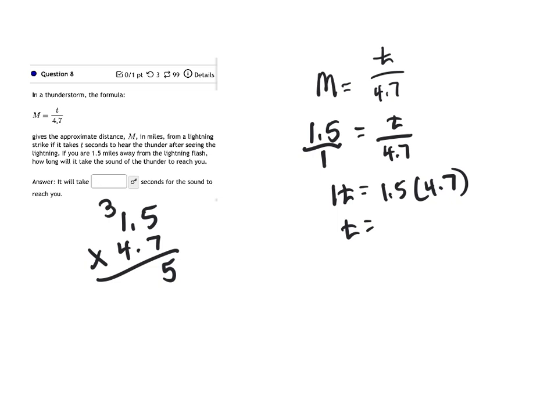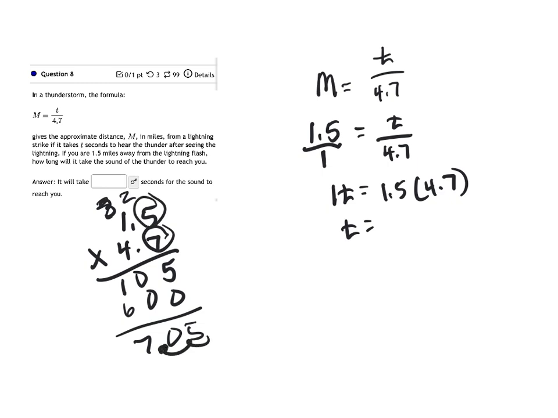Carry the 3. 7 times 1 is 7, plus 3 is 10. Put a placeholder of 0. Now do the 4. 4 times 5 is 20, so there's a 0. Carry the 2. 4 times 1 is 4, plus 2 is 6. Add up your rows. And count your decimal places. There's 1, 2. So it's 7.05. That's how many seconds.